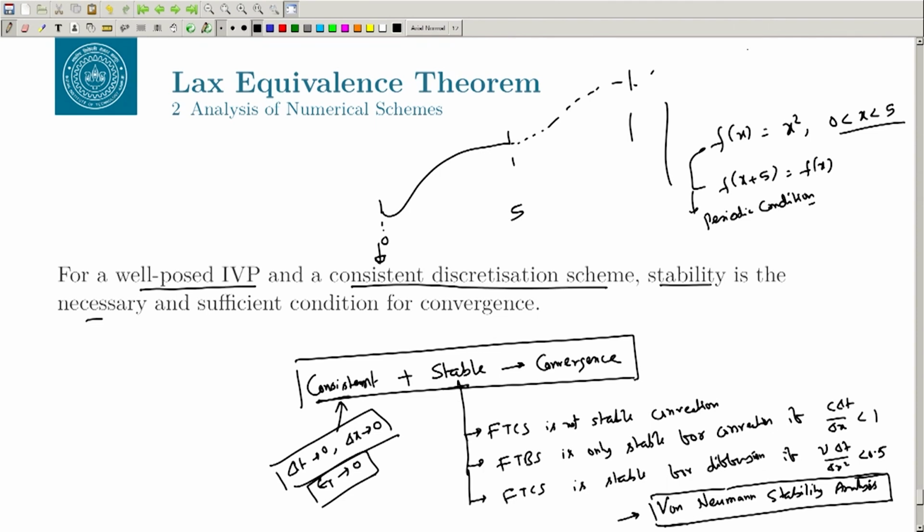For example, sin x is periodic in 2 pi. So, this von Neumann stability analysis is for a class of linear problems where your problem is periodic. Why do you need a periodic condition? Because this analysis is based on Fourier series. You try to represent your function in a Fourier series, and for a representation in Fourier series you need a periodic domain, and only then can you apply it.